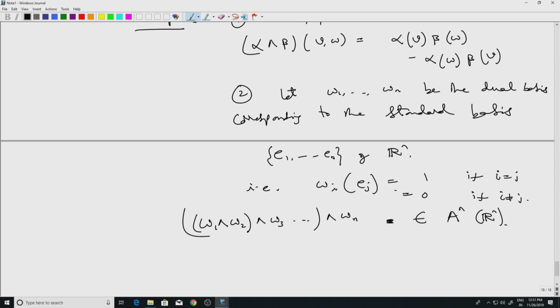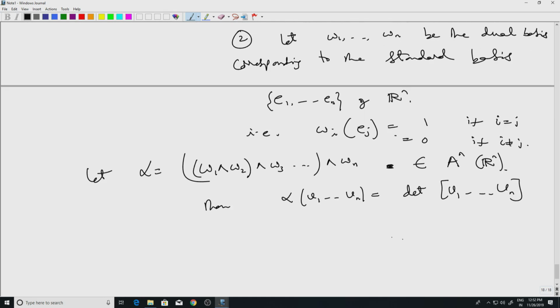Let's call this alpha. Then alpha of v1 up to vn is nothing but the determinant of the matrix obtained by putting all these vi's as columns.